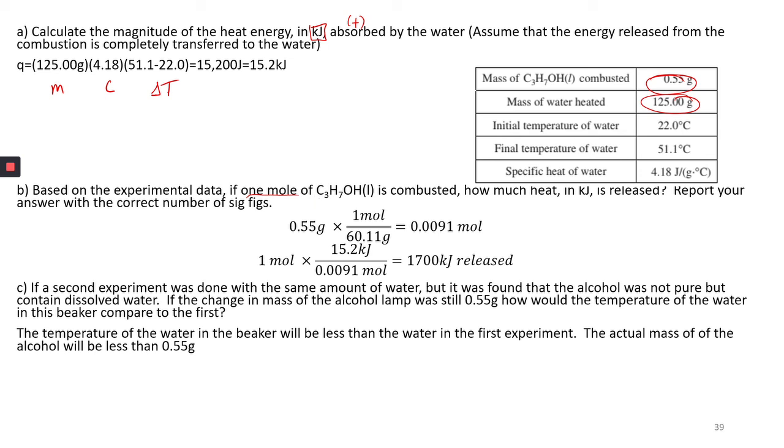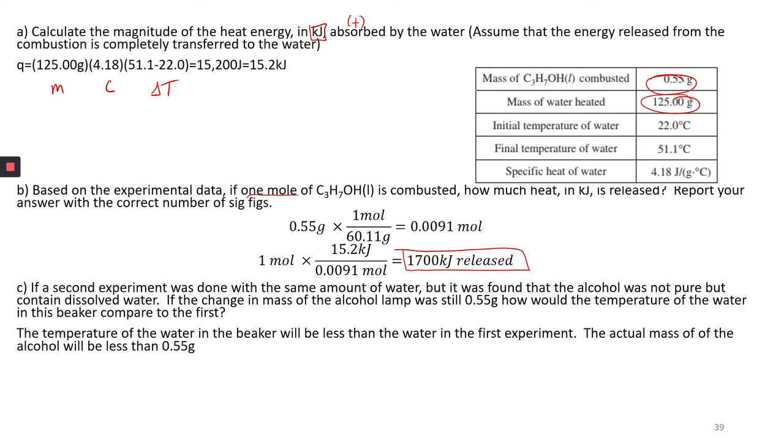Then we take our answer from part A and we divide it by our moles, and it says you have 1 mole that you're combusting. So 1 mole times the heat for the reaction over how many moles we had. And that gives us 1,700 kilojoules is released.